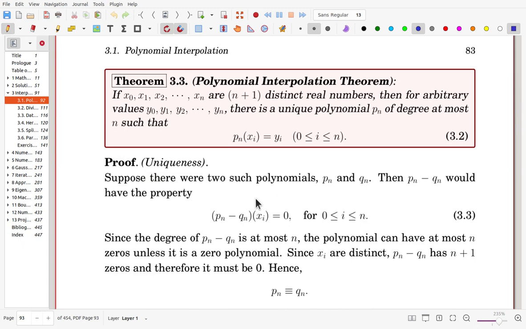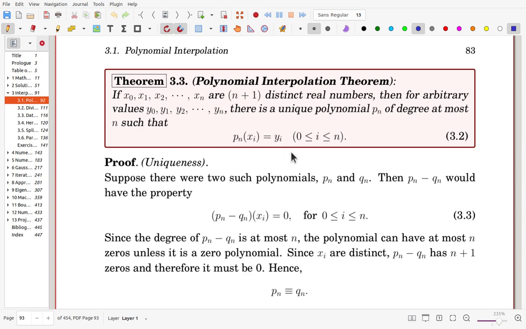Okay, here we have a polynomial interpolation theorem. x0 to xn are n plus 1 distinct real numbers. Then for arbitrary values y0 to yn, there is a unique polynomial Pn of degree at most n, such that Pn at xi is yi.